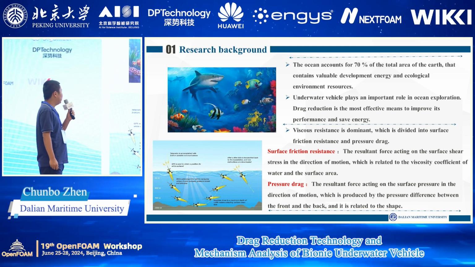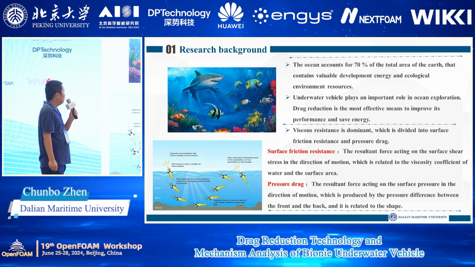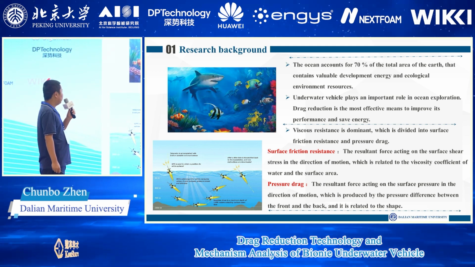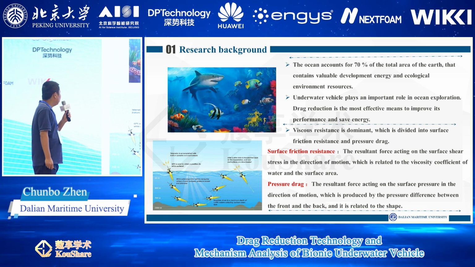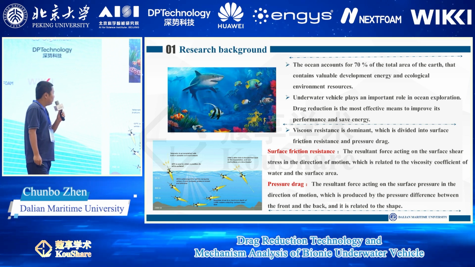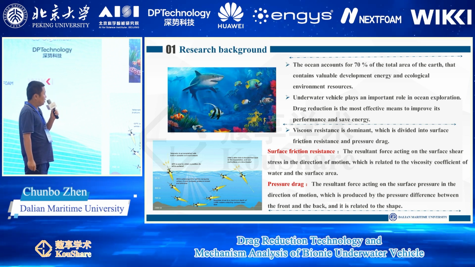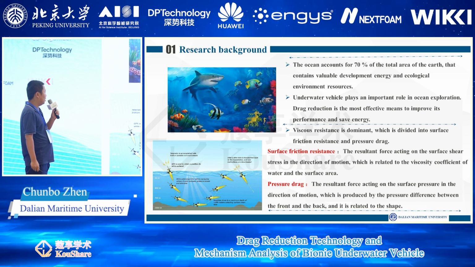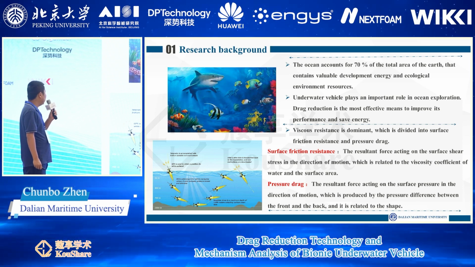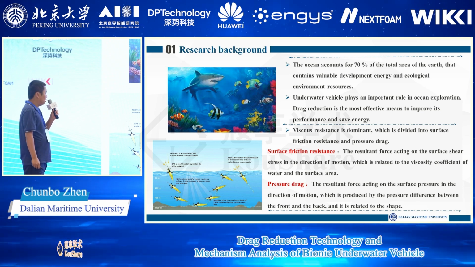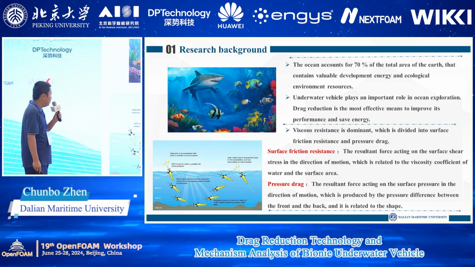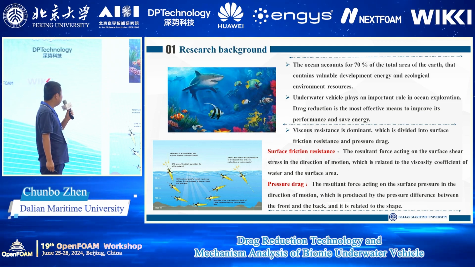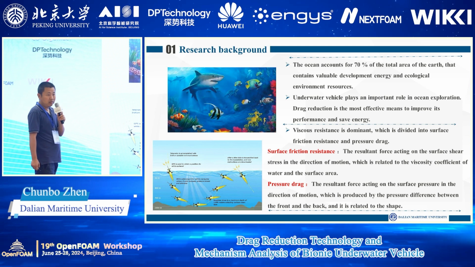Viscous resistance is dominant, which is divided into surface friction resistance and pressure drag. The surface friction resistance is the resultant force of the surface shear stress acting in the direction of motion, which is related to the viscosity of water and the surface area.